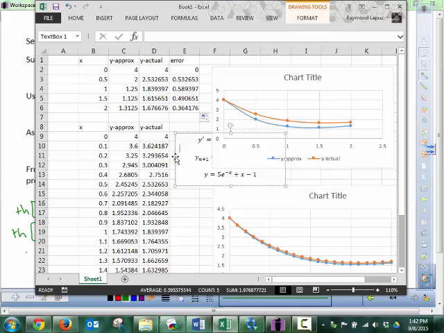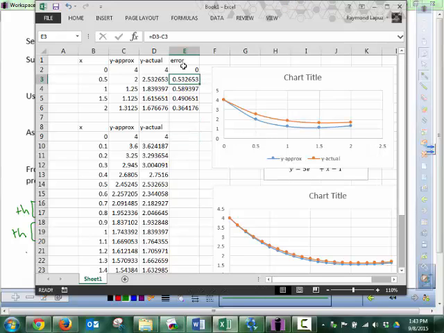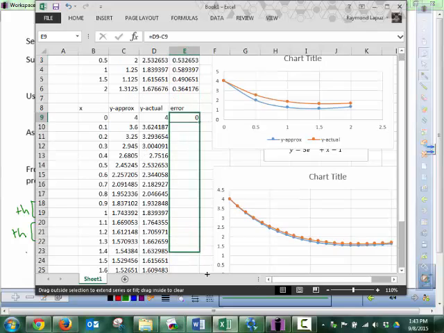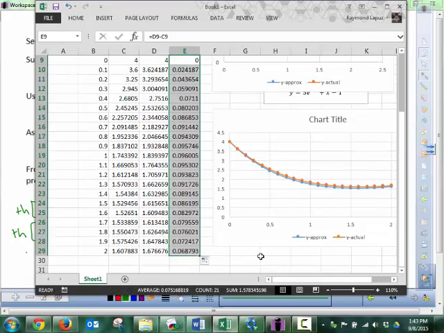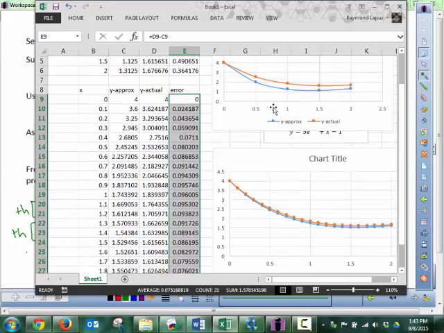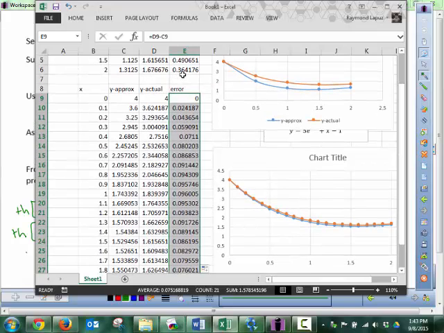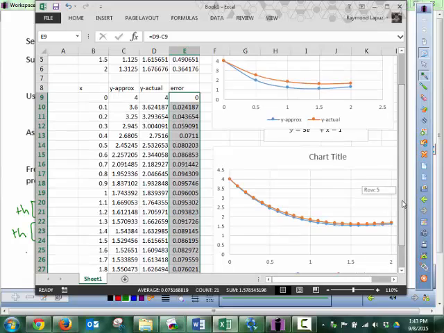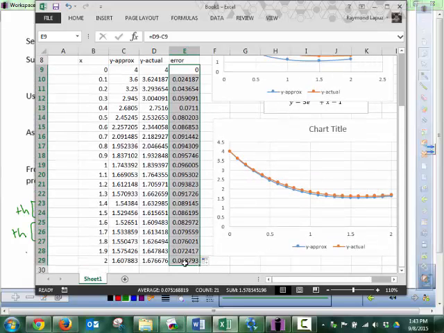But in general, it gets larger. Let's take a look at the error here. So the error is 6/10 or 7/10 compared to an error here of 3/10. Actually, 7/100 is what I meant to say. So smaller error. Okay.